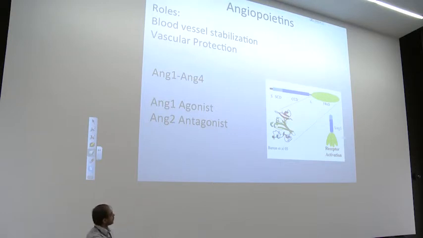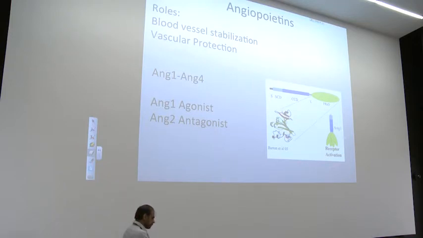Here is a diagram illustrating the structure in a schematic format. You have this angiopoietin monomer, which has a particular region that acts on the cell by binding to a specific receptor, and we'll look at that in a bit more detail. You need 4 monomers to oligomerize for the receptor to be activated by this ligand.